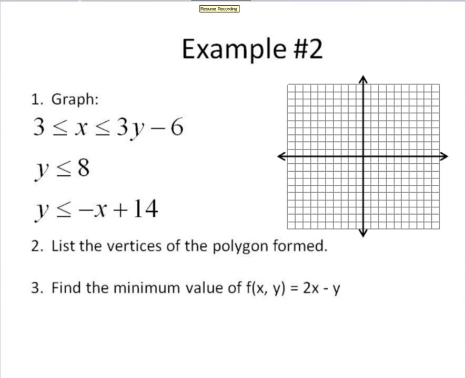Okay, so on this system, if we start off with this compound inequality we've got right here, we can break it up like we were talking about in the last one. If I break it up, 3 is less than or equal to x, and x is less than or equal to 3y minus 6.